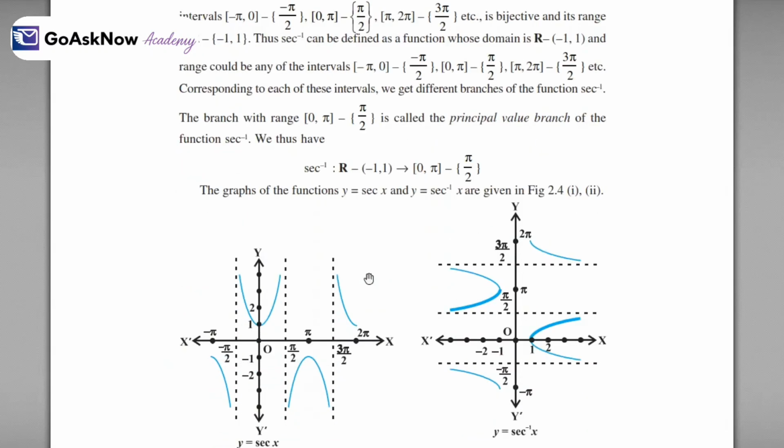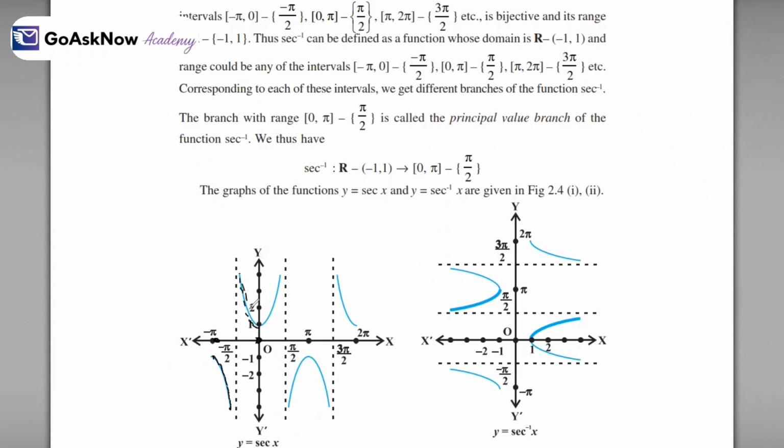Why is that so? Because in minus pi to 0, see here the graph in minus pi to 0. In this interval, if you draw the sec x graph, it will look like this and like this only.